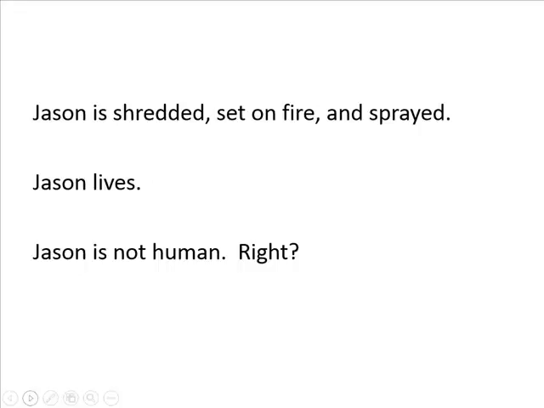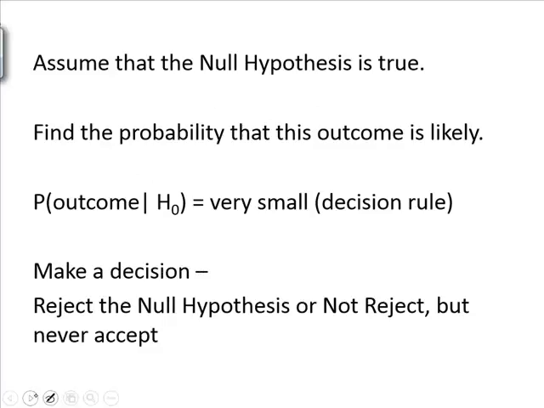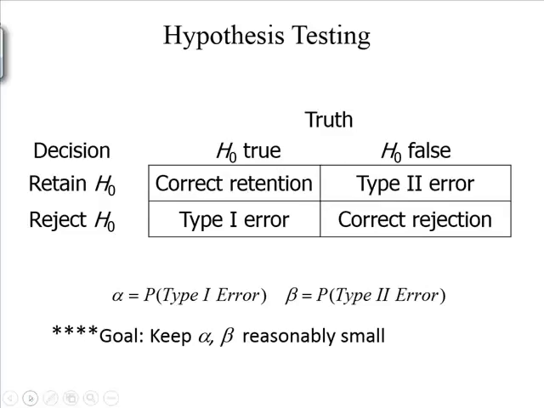I think the reason I was going to go here was to talk about hypothesis testing. So here's what happens. We've got a very simple framework. Either your hypothesis is true or it's false.